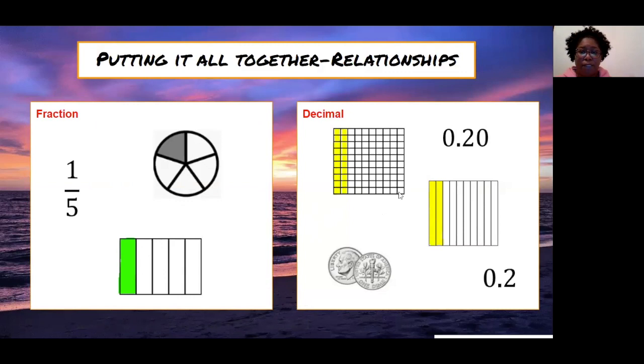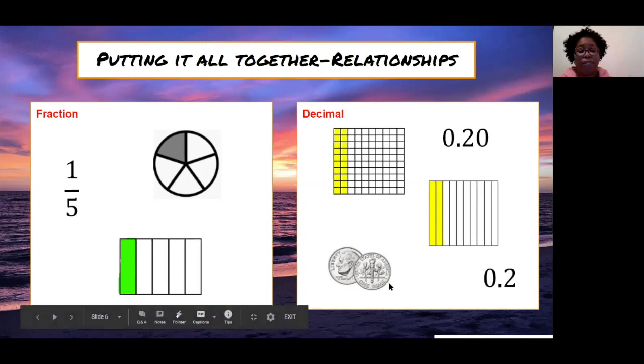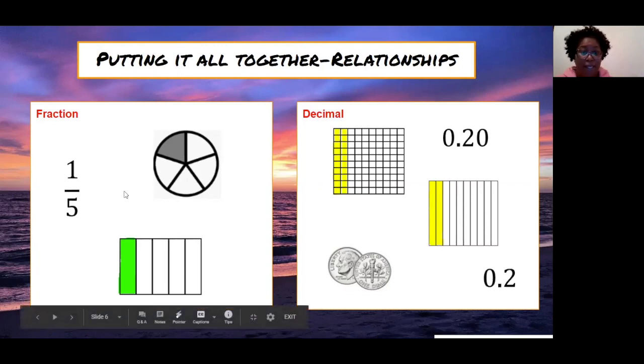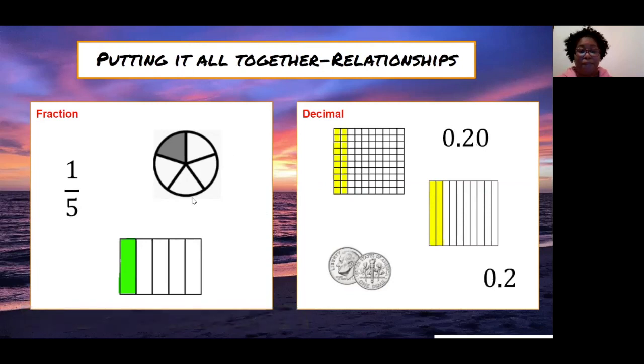Okay, several different ways: 20 hundredths, 2/10, 2 dimes. That represents our 20 over 100. So again, they all name the same part. They're just represented differently. 1/5, this means this. Or this is the same as this. Okay?